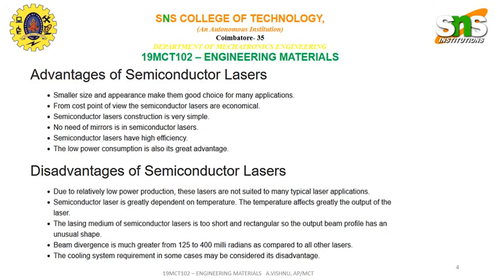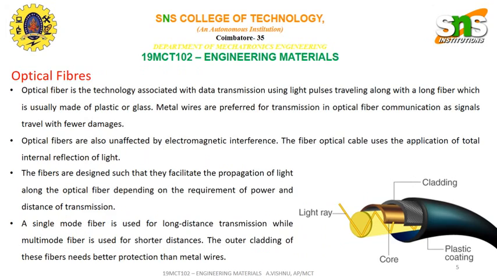The lasing medium of semiconductor laser is too short and rectangular so that the output beam profile has an unusual shape. And the beam divergence is much greater, from 125 to 400 milliradians, as compared to all other lasers. The cooling system requirement in some cases may be considered its disadvantage.